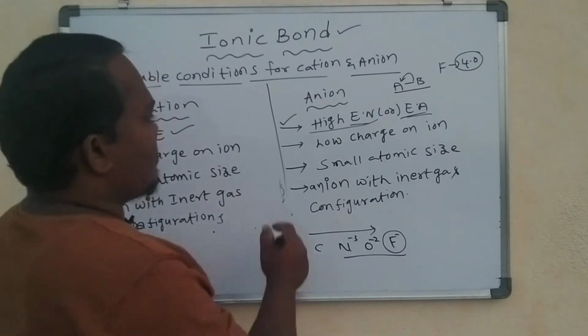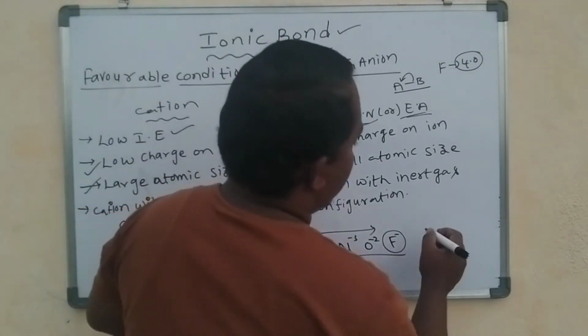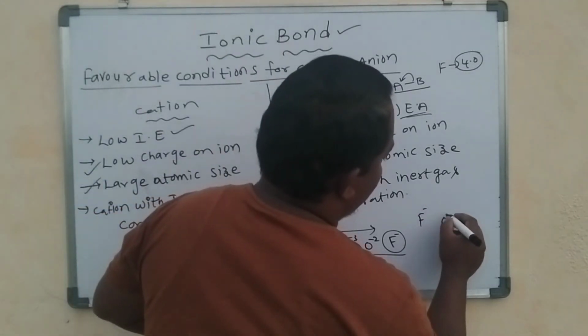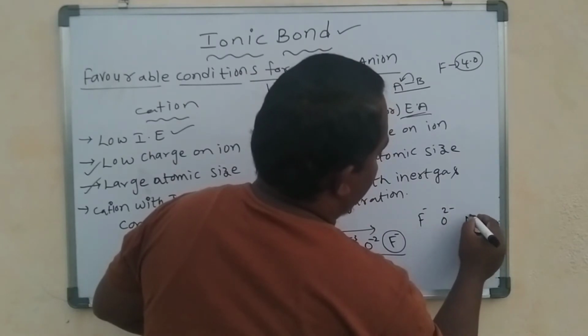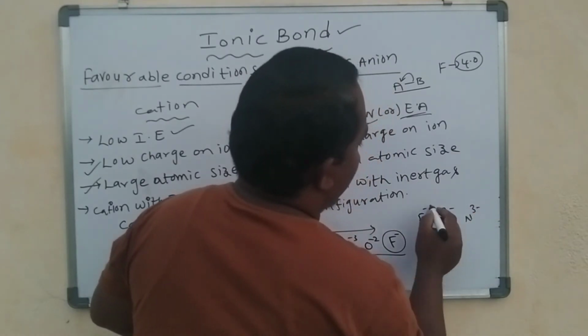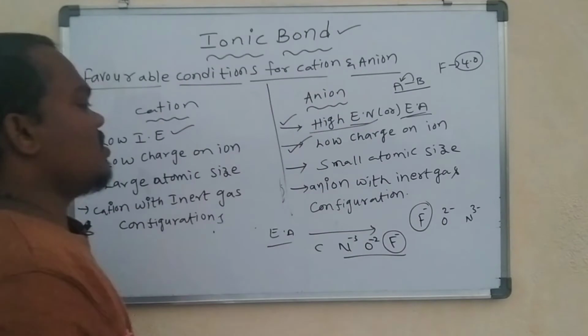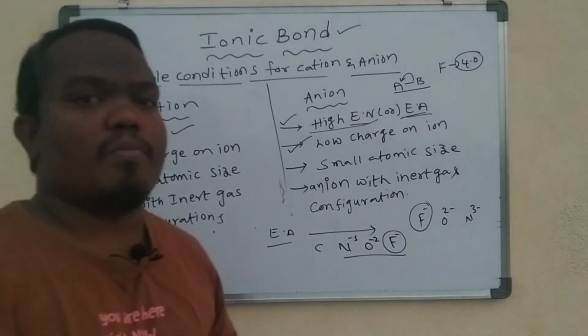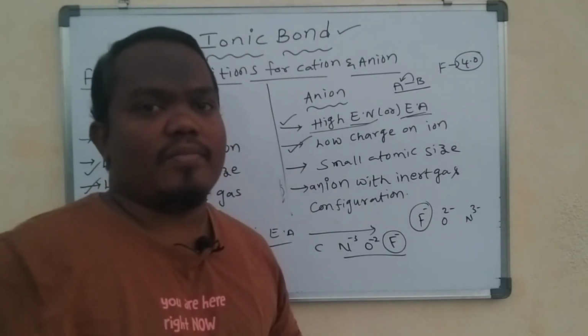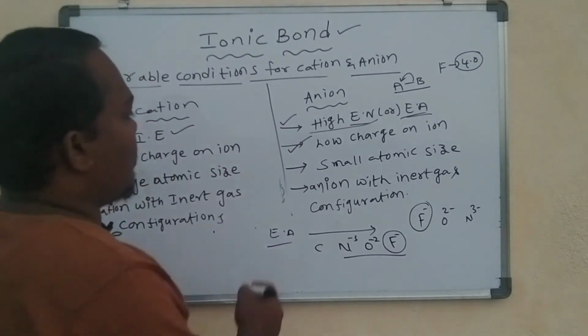Next one is low charge on ions. When we take F-, O2- or N3-, the anion with the low charge is more favorable for ionic compounds. And also small atomic size.